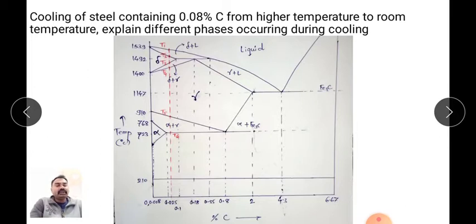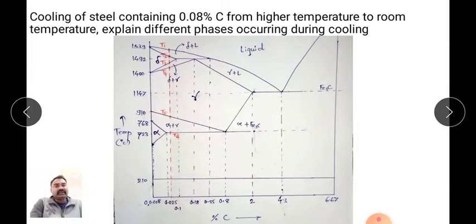Likewise, we have noted all the intersecting points of the vertical dotted line and the curves. By using T1 to T6, we will explain the cooling of steel containing 0.08% carbon to room temperature.